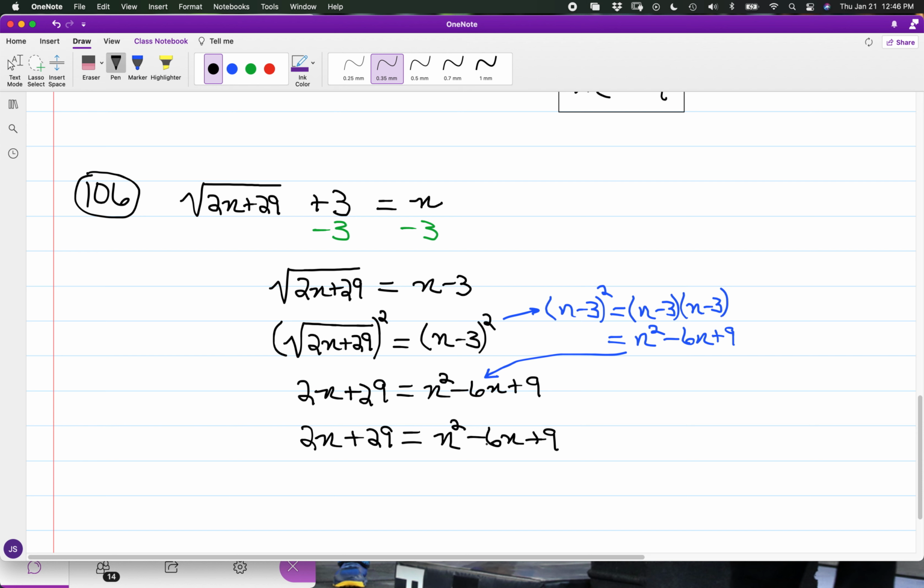So we have moving the 2n and the 29. So I'm going to have 0 is equal to n squared minus 8n, and we have minus 20.